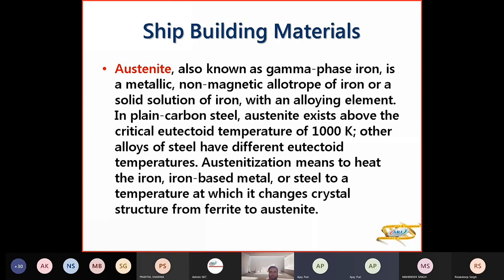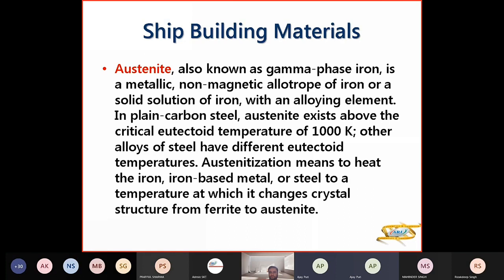So it's a solid solution of iron with alloying elements. And in plain carbon steel, this exists above your critical eutectoid temperature of 723 degrees Celsius. Other alloys of steel have different eutectoid temperatures, so your eutectoid temperature depends on which alloy of steel you are handling.